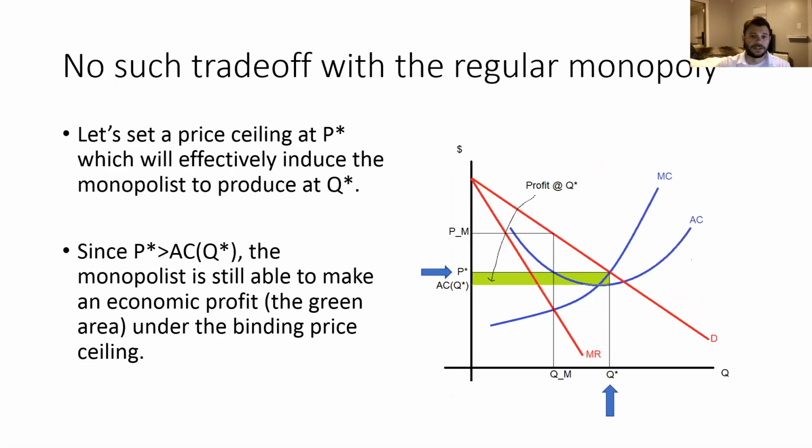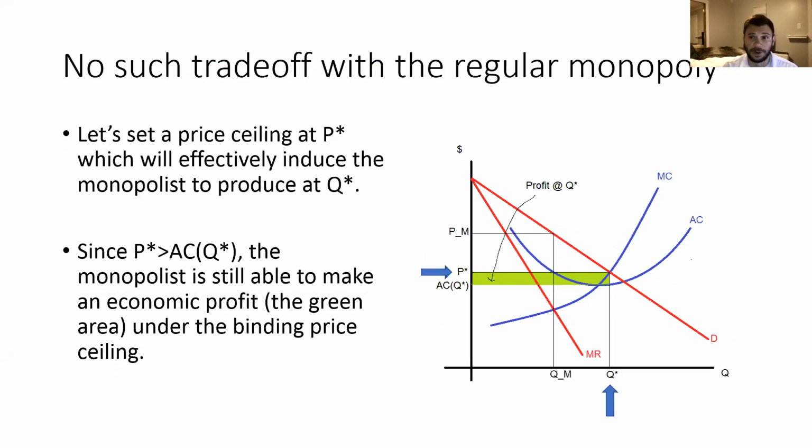And note that since we're not facing economies of scale at Q star, we're at a portion of the average cost function where the marginal cost is above it, meaning the average cost is getting pulled up. The difference between the price and the average cost is positive, and that lime green area there is not producer surplus, but it is the total profit that the monopolist is making at the allocation Q star, P star.